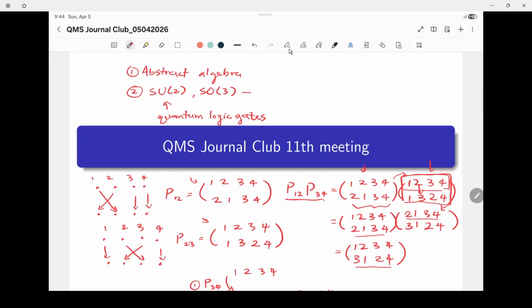Whereas for SO3, this is basically your symmetry or geometry of your Bloch sphere.